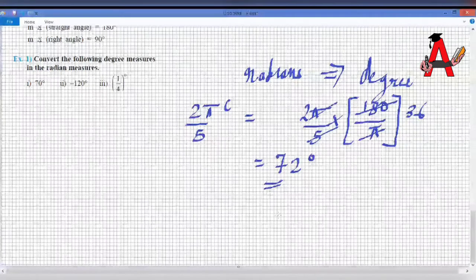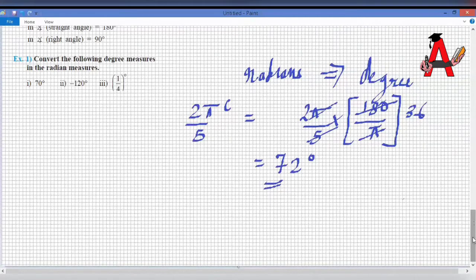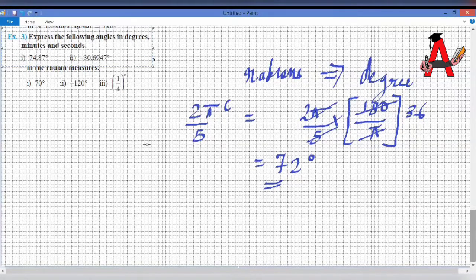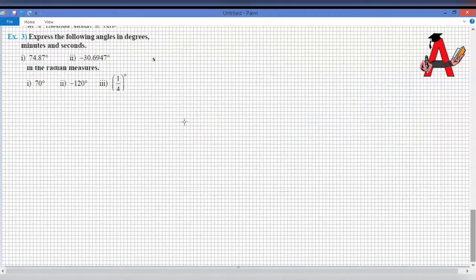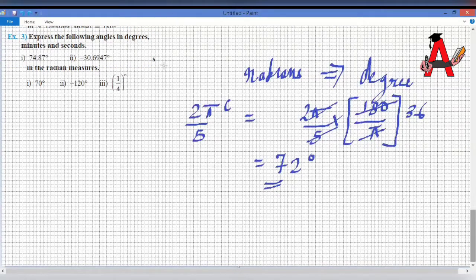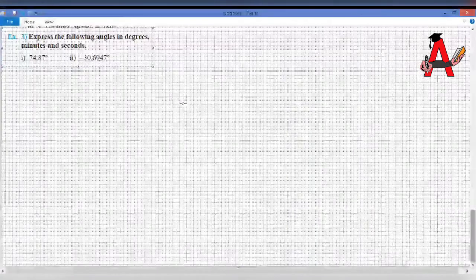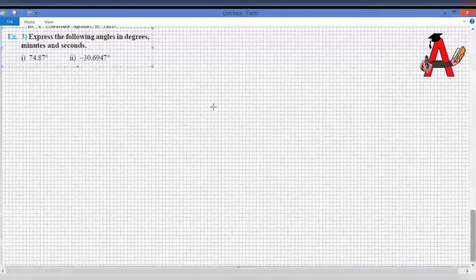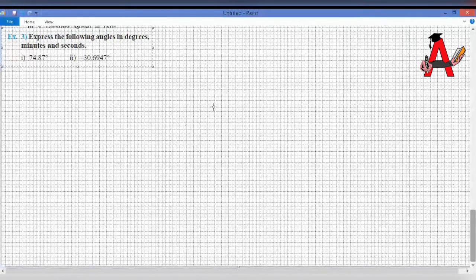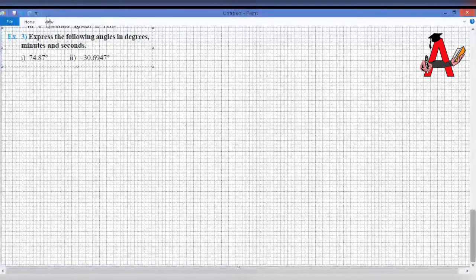And now the last part, I'll take one further question. Express the following angles in degrees, minutes and seconds.